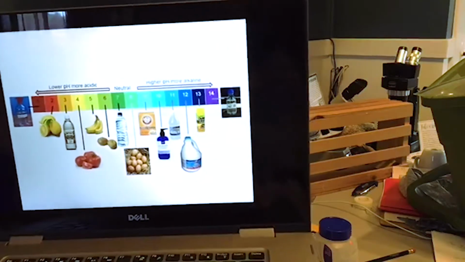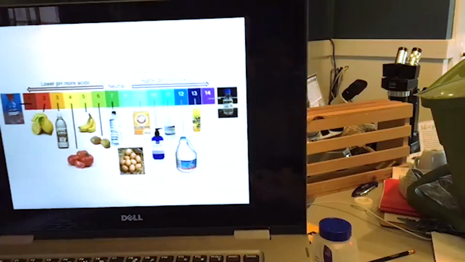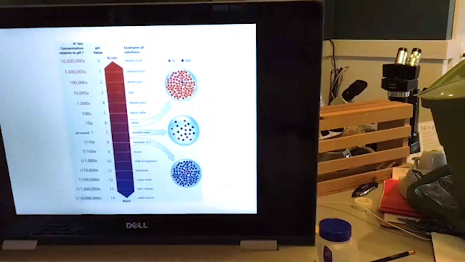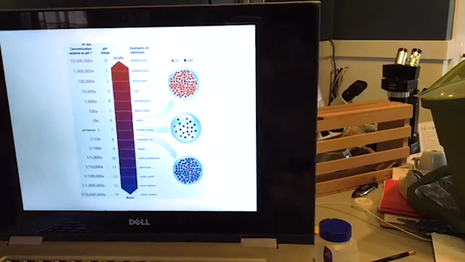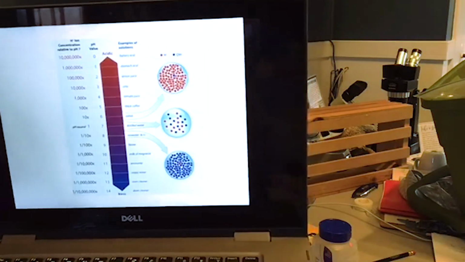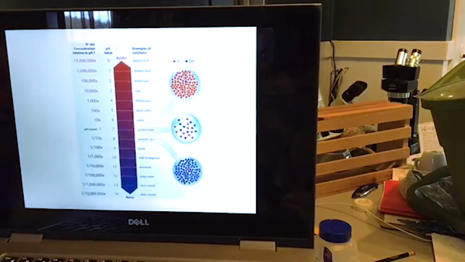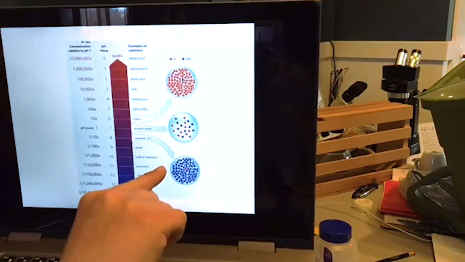If I were to just really simply look at this, that neutral 7 in the middle would be pure H2O. You might recognize that as the formula for water. There's an even amount of hydrogen ions, which would be the H+, and hydroxide ions, so the OH-.